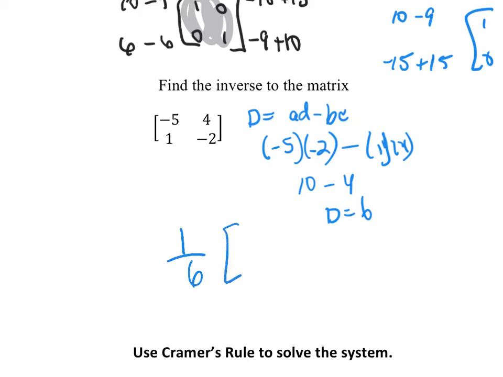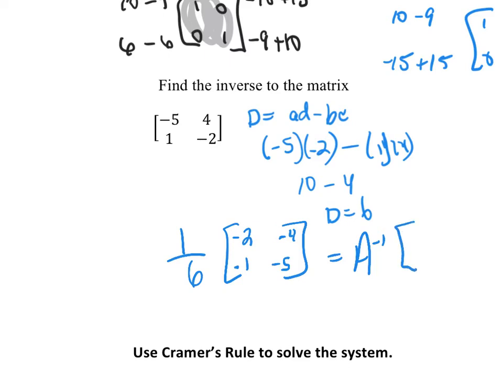So in order to find our matrix inverse, we have 1 over our determinant, 1 over 6. And then when I set this up, I switch the places of the majors. So negative 5 and negative 2 switch spots. And then I change the signs of the minors. So 1 becomes negative 1 and 4 becomes negative 4. And then to find the inverse, I just distribute or multiply by 1/6, divide by 6, however you want to look at it.